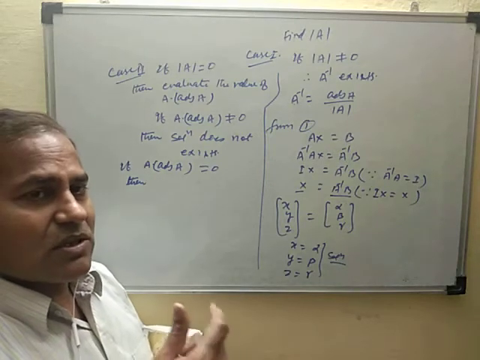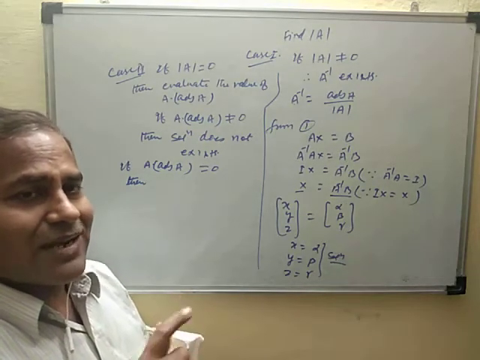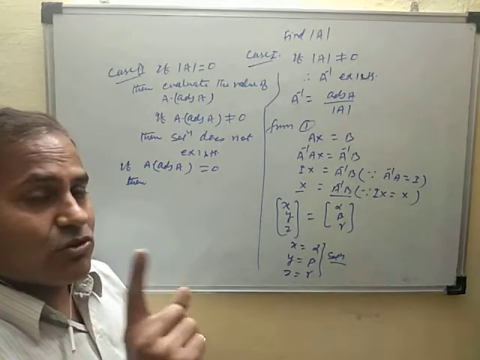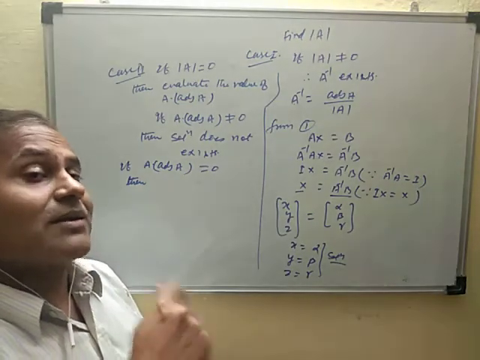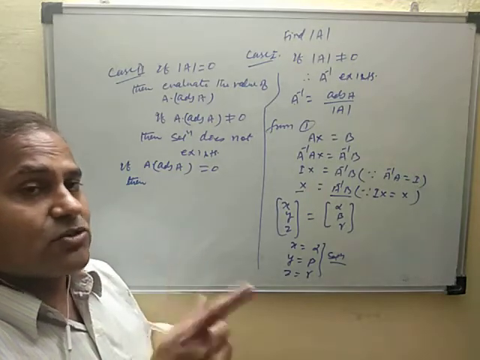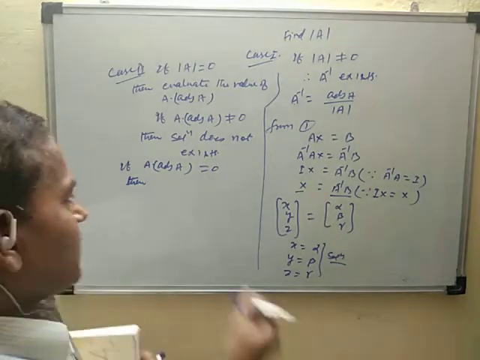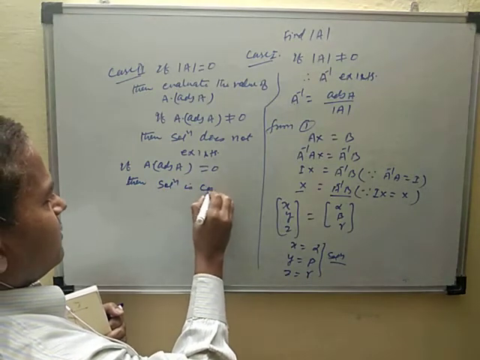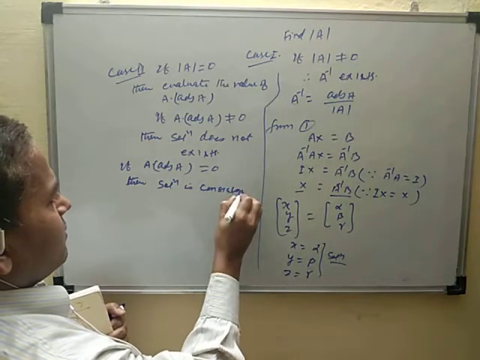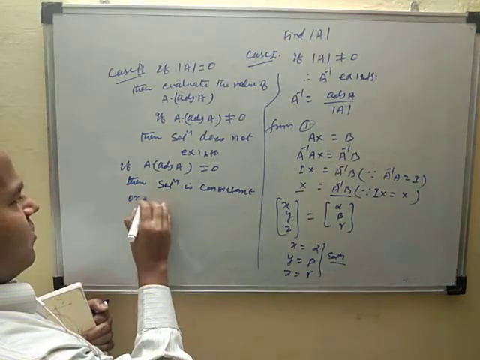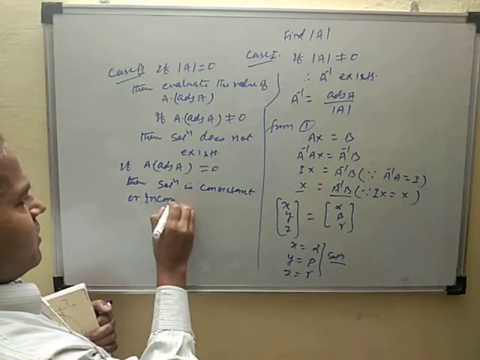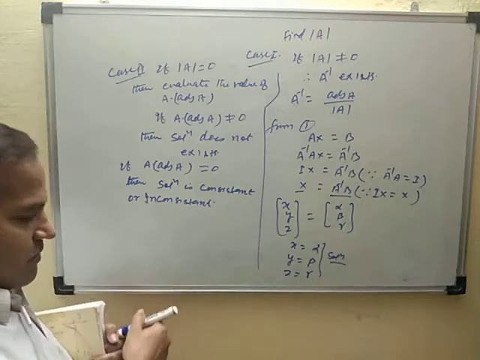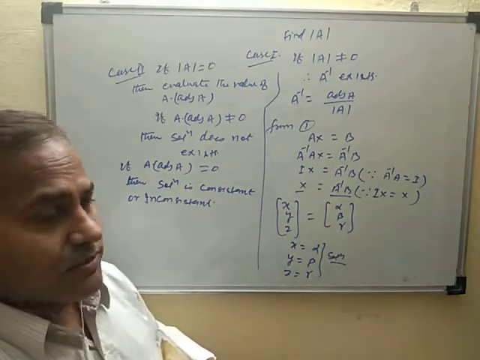Consistent means unique or infinite, or inconsistent also, that is no solution also. Then solution may be consistent or inconsistent.